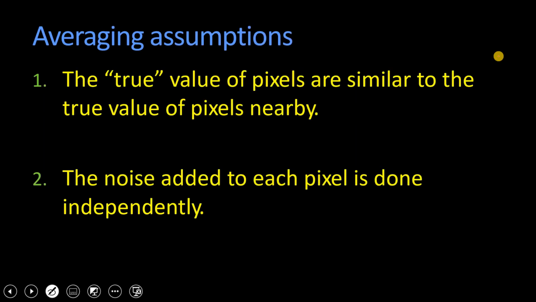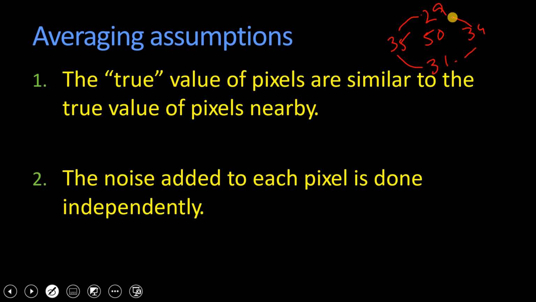One thing is that the true value of the pixels are similar to the true value of the pixels nearby. So when I gave you the example 50, and then there is 35, there is 34, and there is 29 and 31, we said that all the pixels, we suppose that their values are in the similar range.